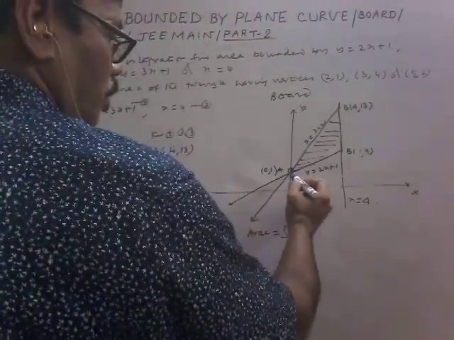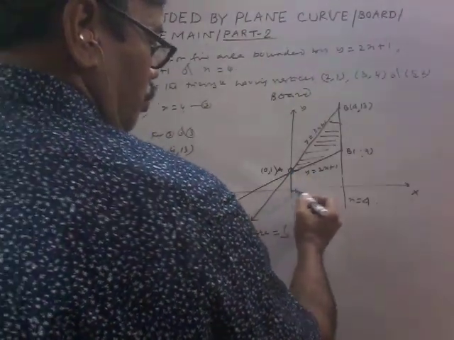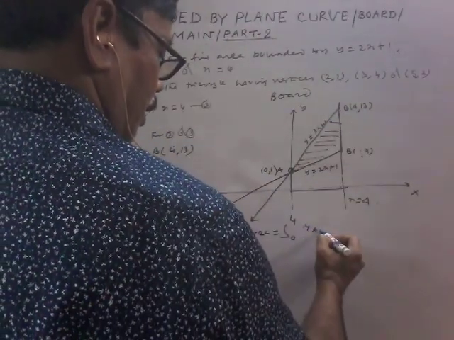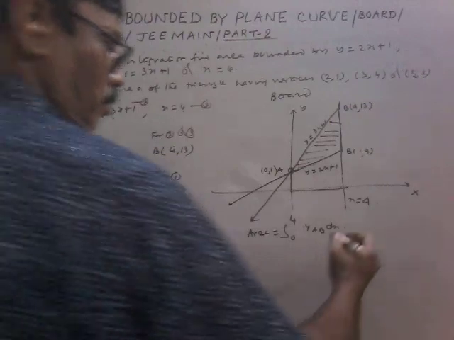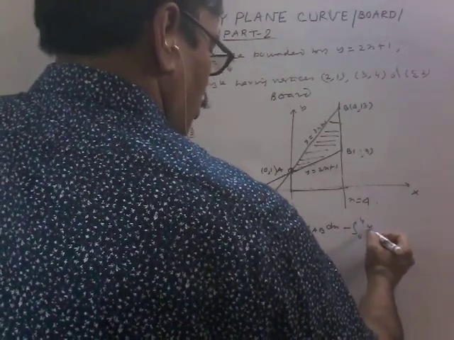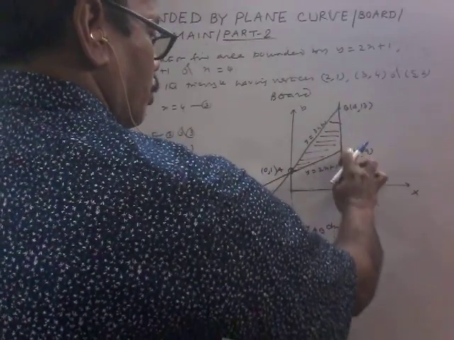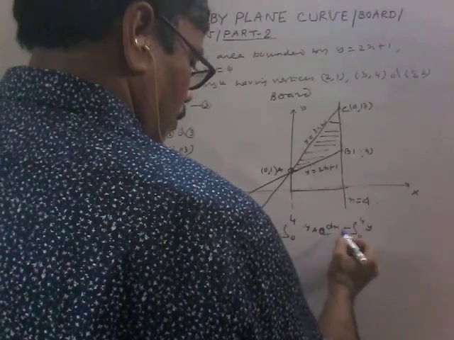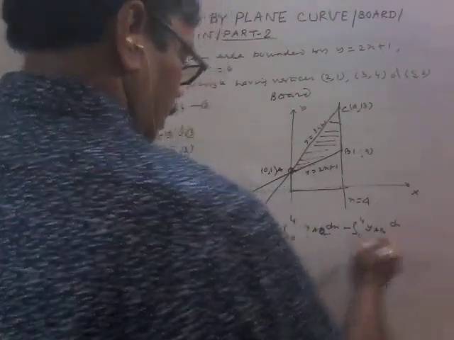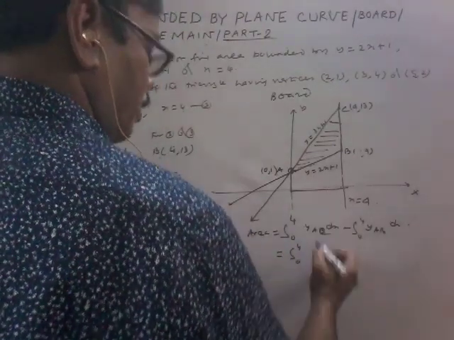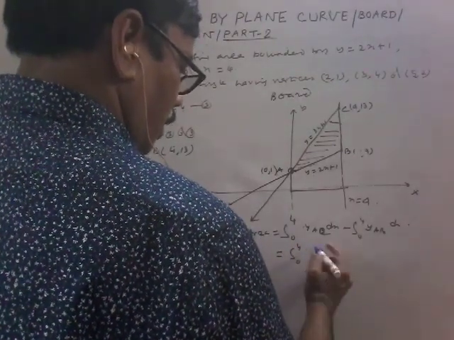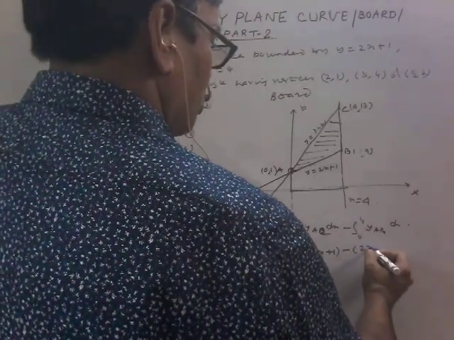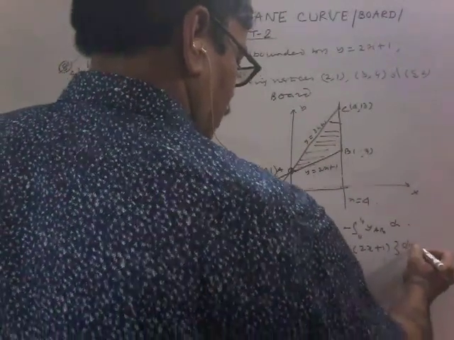Area equals the integral from 0 to 4 of y AC minus y AB dx. So from 0 to 4, y AC is 3x plus 1, minus 2x plus 1, dx.